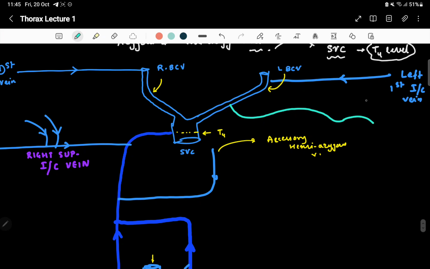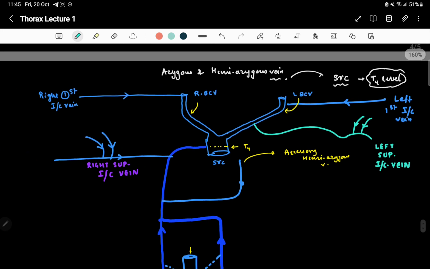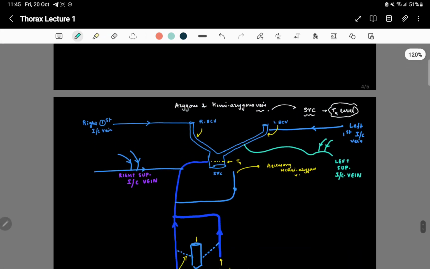This one also has two branches. This is your left superior intercostal vein. It's a bit complicated to understand the course of your azygous veins.